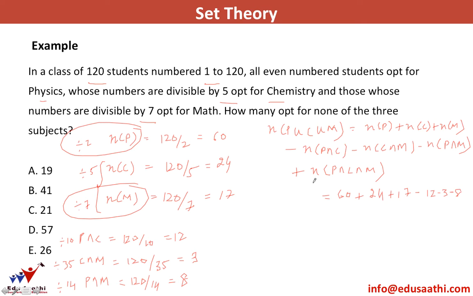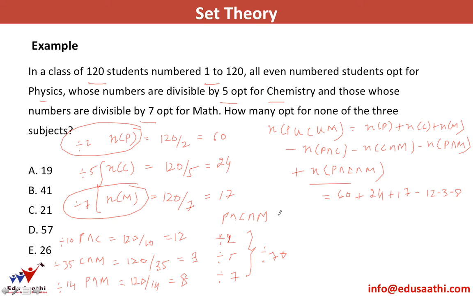Then I have to add plus P intersection C intersection M. So P intersection C intersection M would be divisible by 2, divisible by 5 and also divisible by 7. So in other words, divisible by 70.